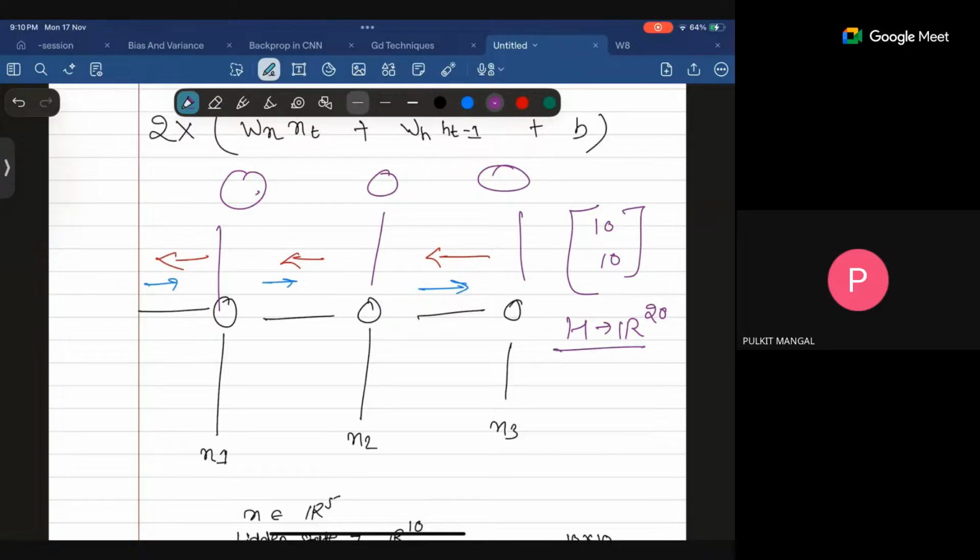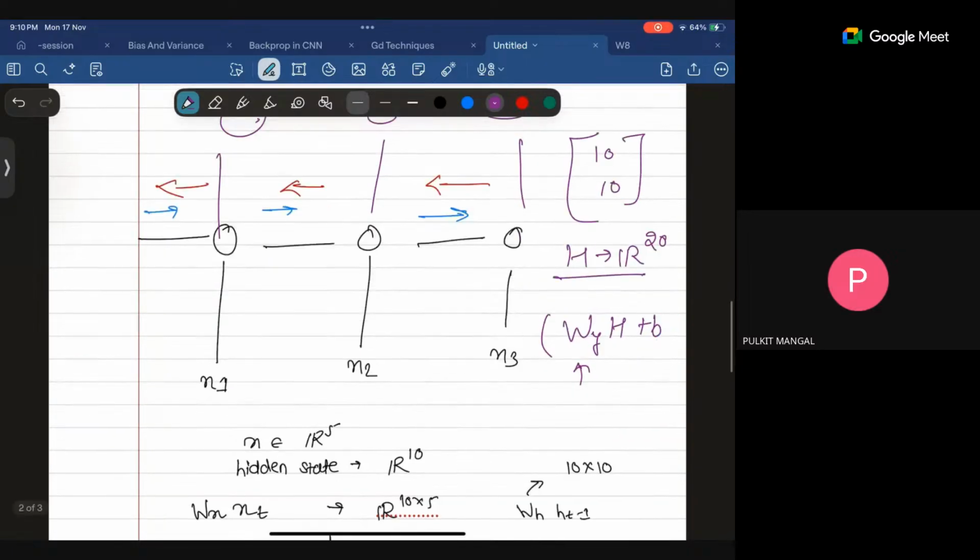Now this h, the concatenated vector, will be multiplied with WY h plus some bias if you want to add. So what will be its dimension? It has to have 20 columns for it to get multiplied with this h, and the number of rows depends upon the number of classes you have. Let's suppose I have 5 classes, then 5 cross 20. And the bias will then also be 5. So 100 plus 5 more, 105 for the output layer.